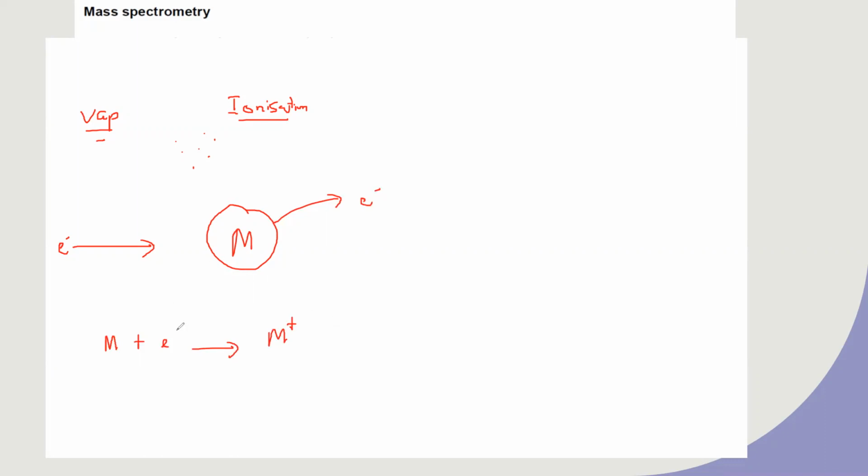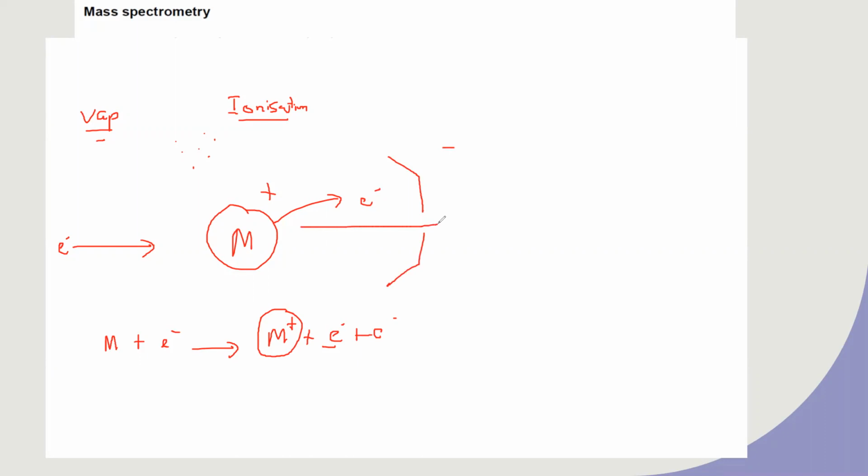As a result, it will release 2 electrons, the one which we use to target the molecule and the one which is released. Now this is a positive ion, so now it is charged.